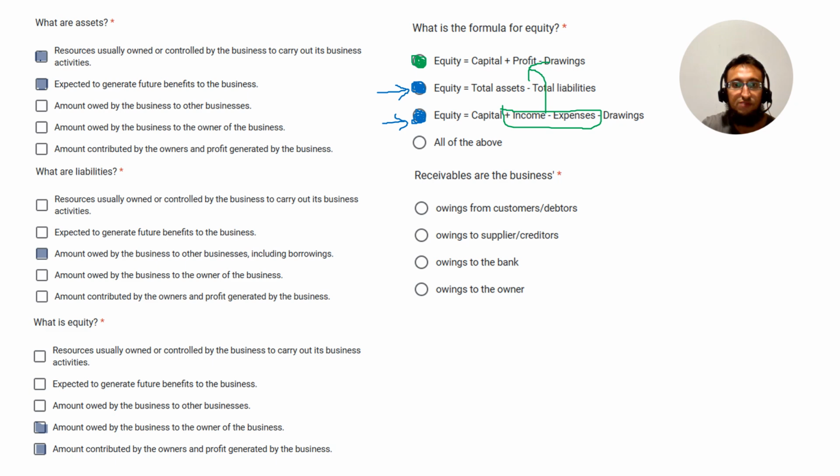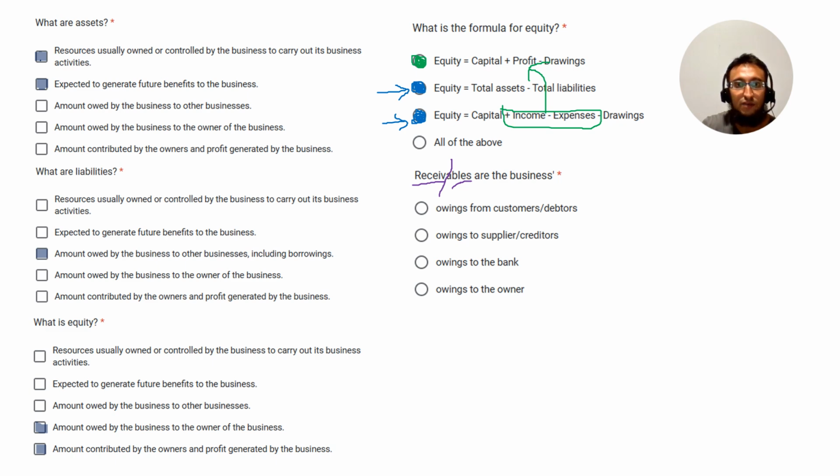What are receivables? Okay, it's very important that we understand the word receivable. This word receivable can be broken down into two parts. The first part is receive, which means the business will get something, maybe money or some form of benefit. And the word able indicates that it will come in the future.